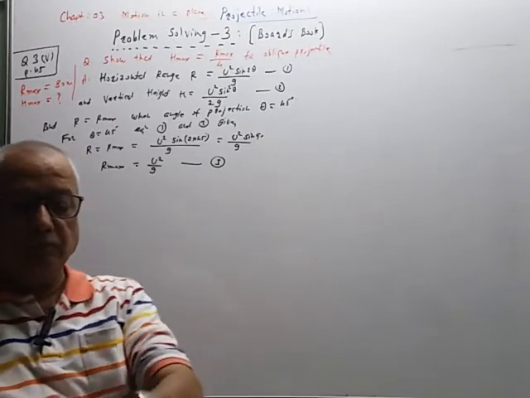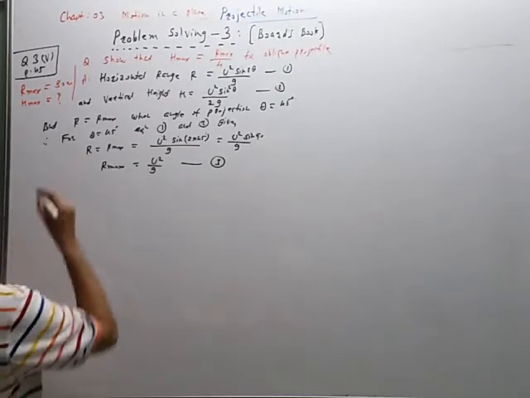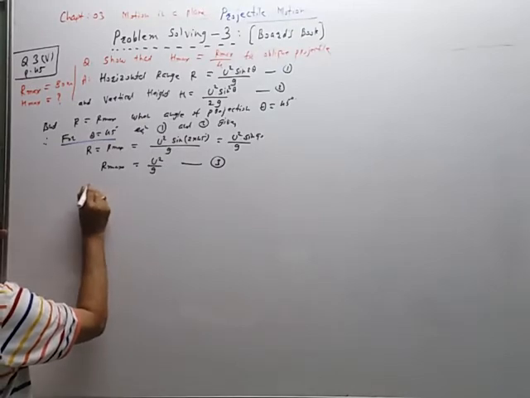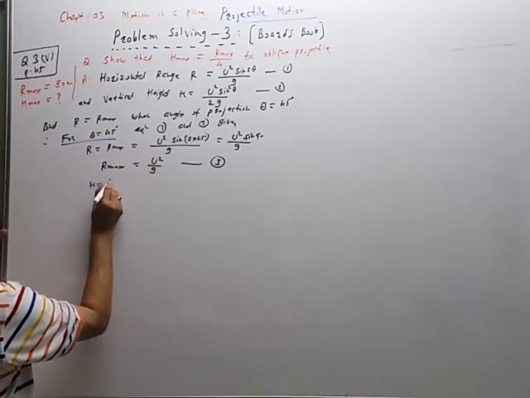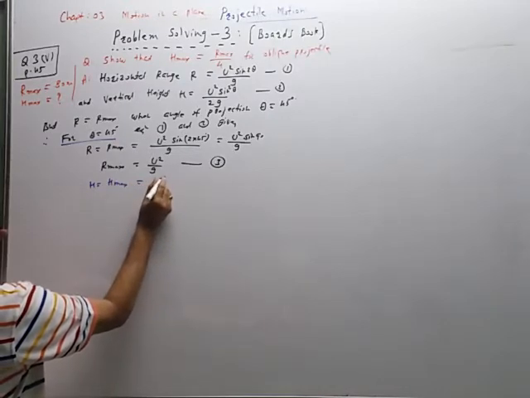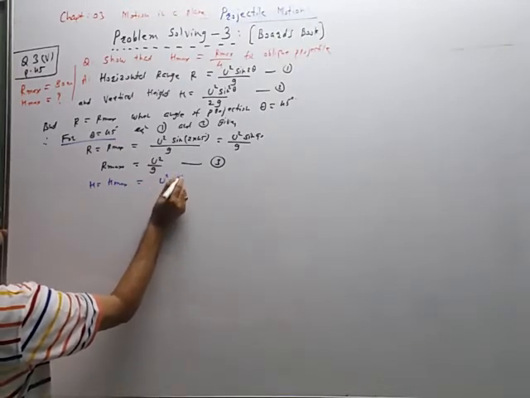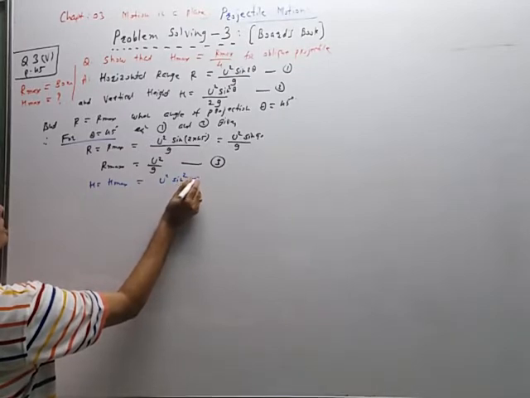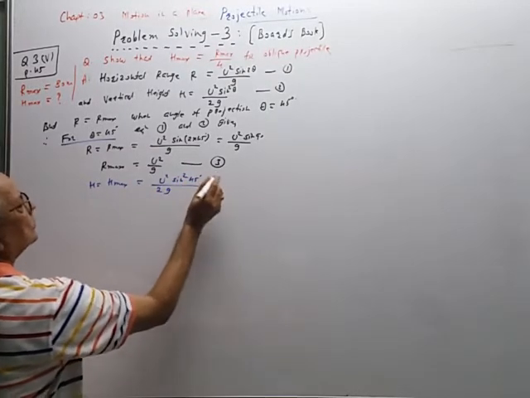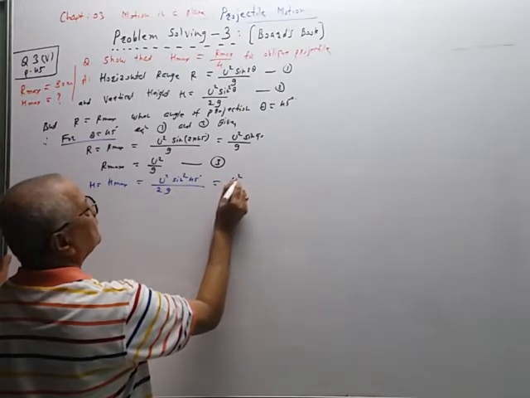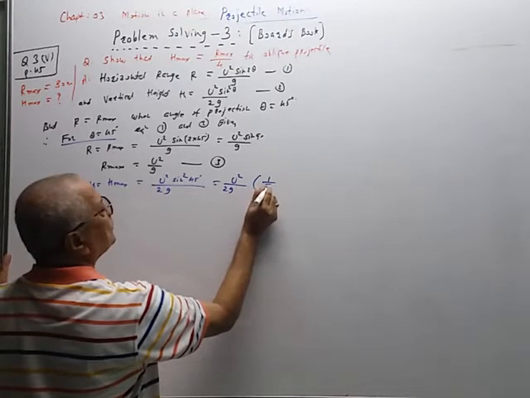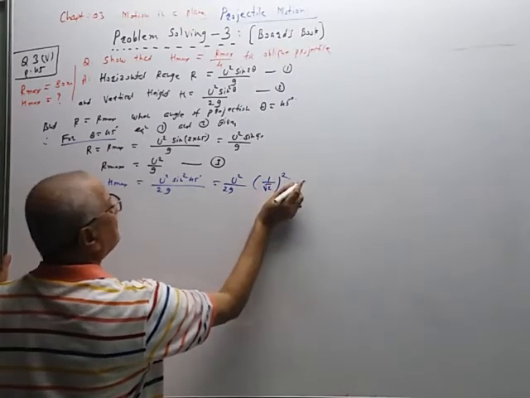Now for theta is equal to 45 degree, equation 2 becomes h is equal to h max is equal to u square sin square 45 degree upon 2 times g, which is equal to u square upon 2g times sin of 45, that is 1 upon root 2, bracket square.